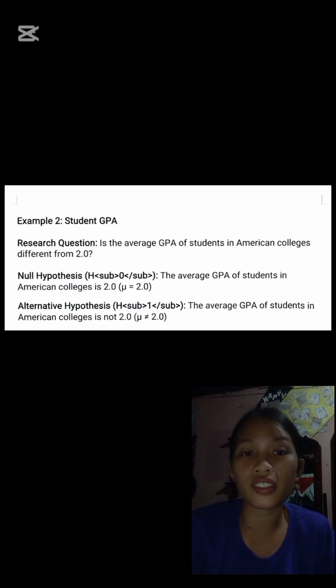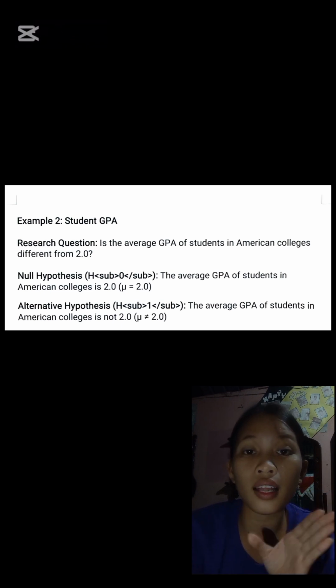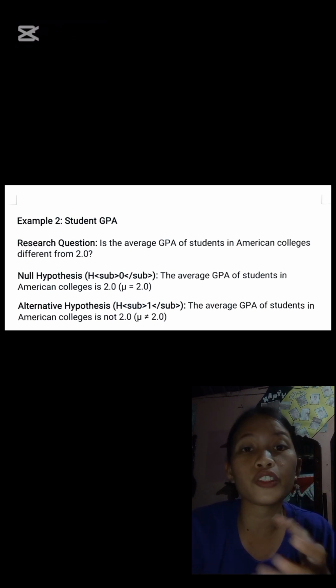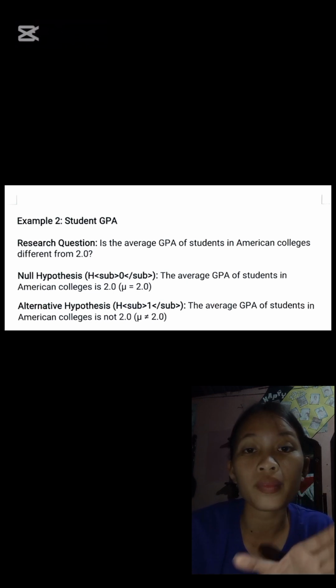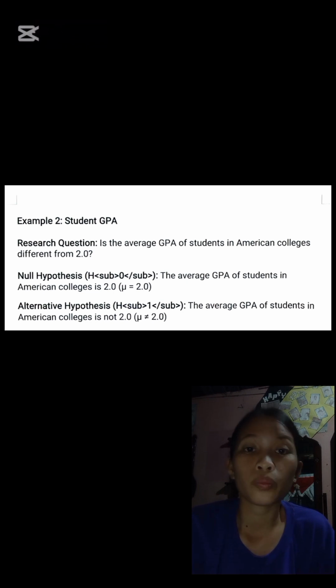So next is the two-tailed test. In the example of Mr. Kalang, in his number 2 example, that is an example of a two-tailed test. Its null hypothesis is the average GPA of students in America College is 2.0. So, the symbol is H sub O mu is equal to 2.0.